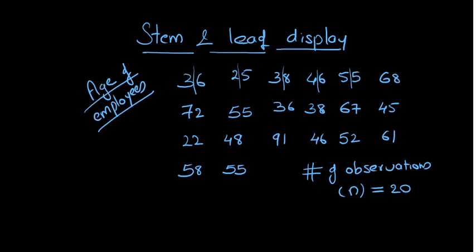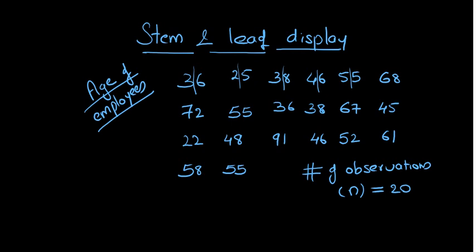Another thing you can do is sorting. You arrange it in ascending order, or descending order, so that you can have a more visual display, or an easier way of seeing the distribution. This is something you can always do.